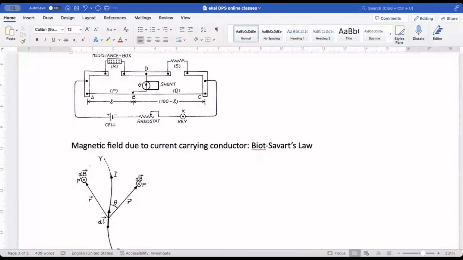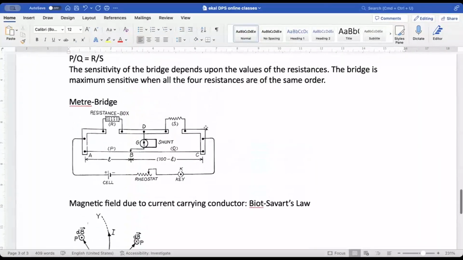Now, meter bridge. So the meter bridge is actually based on the principle of the Wheatstone bridge. And it is used for the determination of the resistance of a conductor wire. You must have done it in the practicals also, and you will do it in the practicals, right?